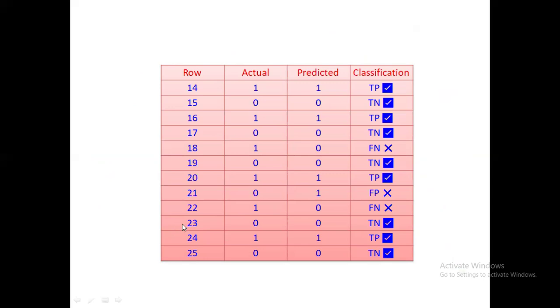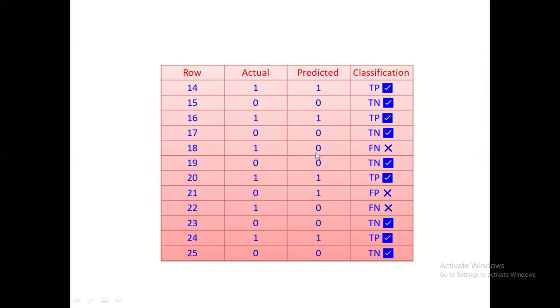So the actual and predicted values are compared. If both are 1, it is a true positive; if both are 0, we are calling it a true negative. Actual 1 but predicted 0, instead of getting 1 we are getting 0, so it is a false negative.